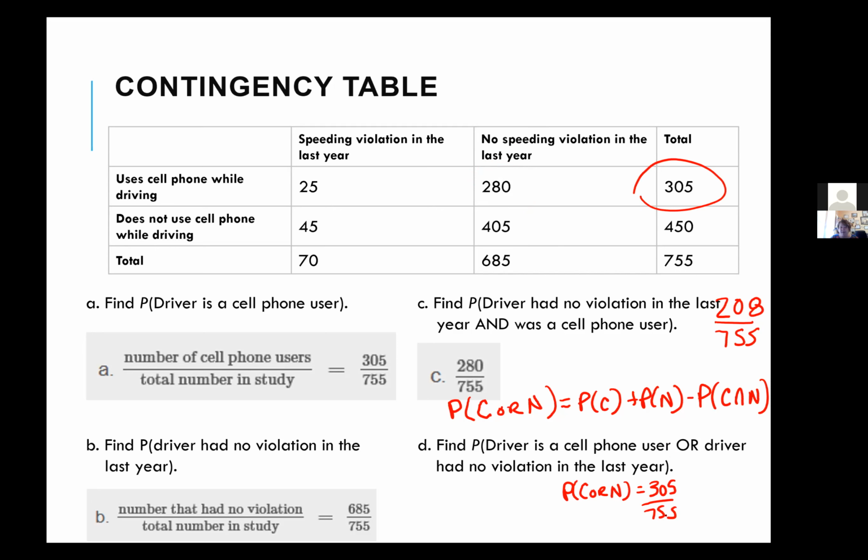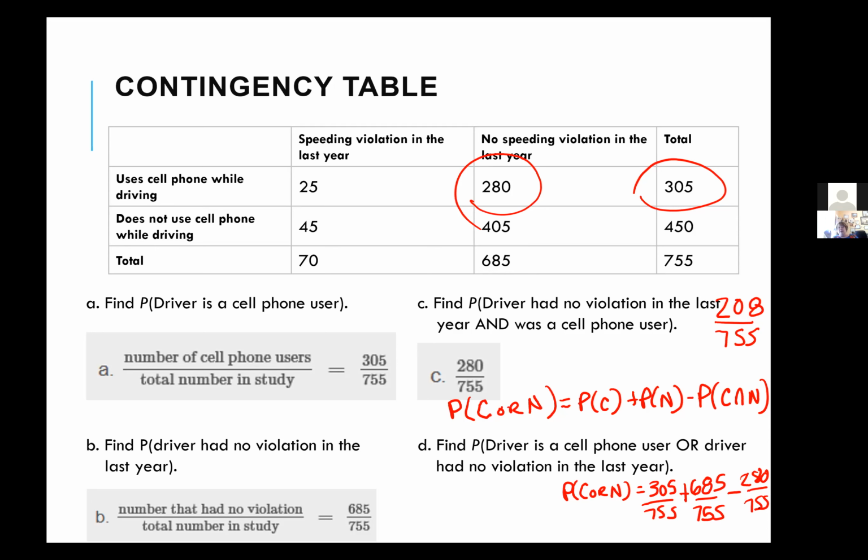Well, that's the 685, right? And let's subtract off how many used their cell phone but didn't have a violation. Is that the 280? So the 280 used their cell phone, but they didn't get caught for speeding. So that's 305 plus 685 minus 280, over 755.